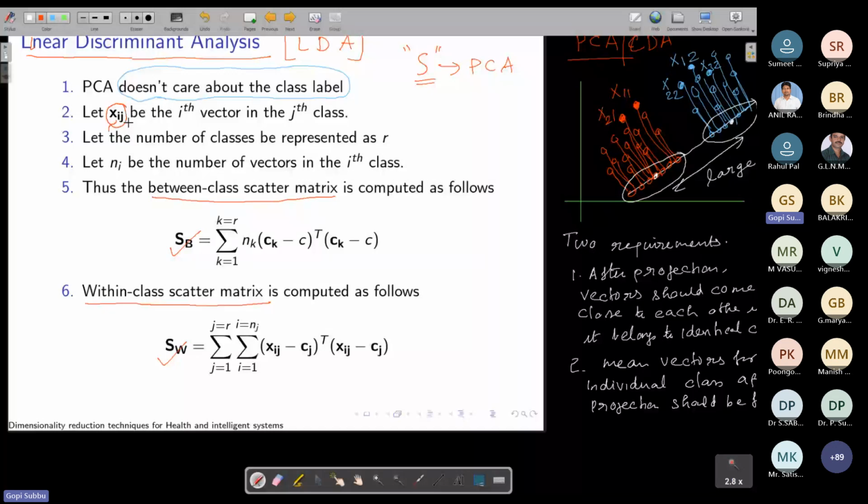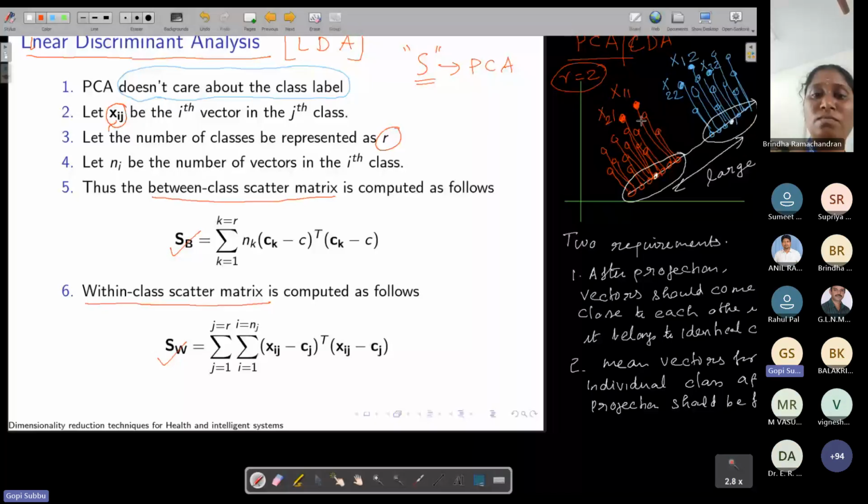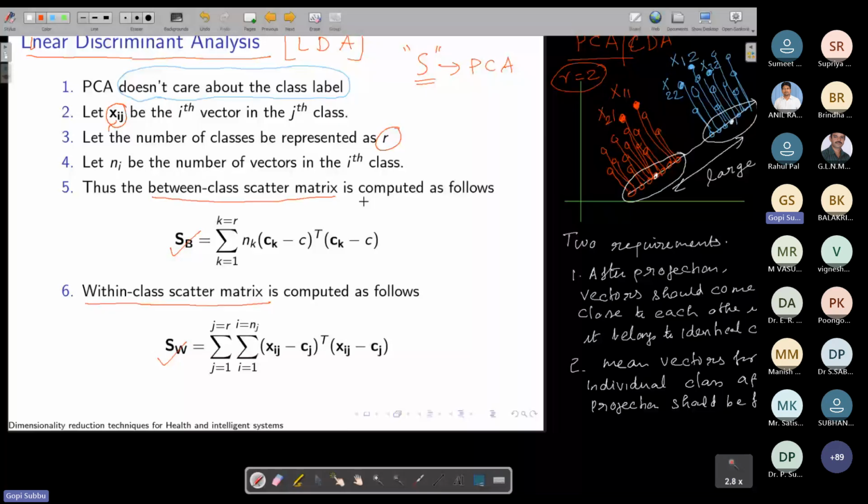In PCA it is only xi, but here it is xij. The number of classes here is r, lowercase r. In this example, r is 2 because we have only 2 classes. This can be generalized for many classes also. So in this case, you need to find two scatter matrices instead of one.